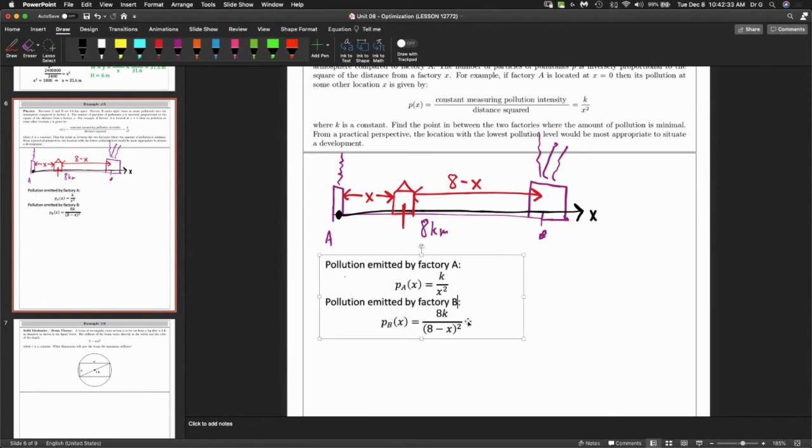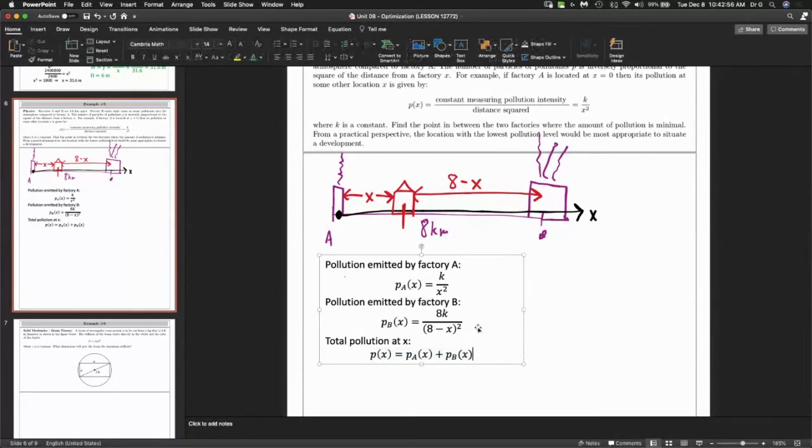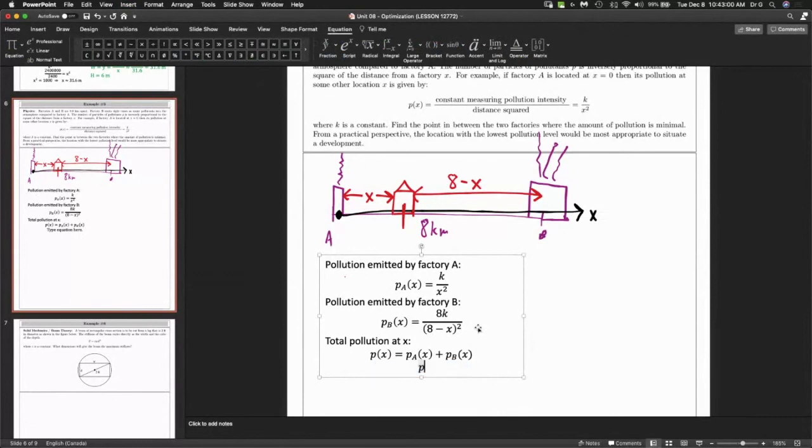So we can say that the total pollution at x is going to be P of x, which is P due to A plus P due to B. And if we do that here, that formula becomes the following.